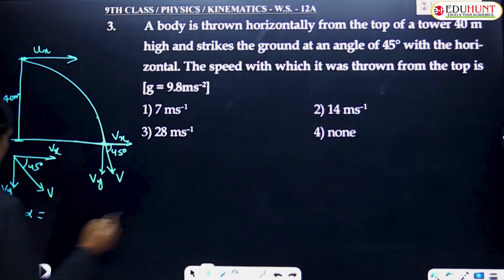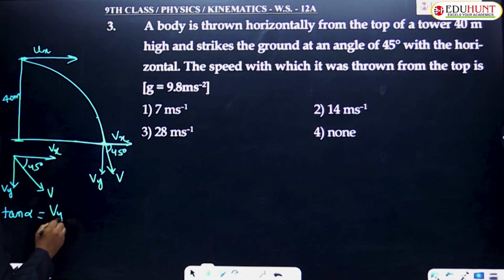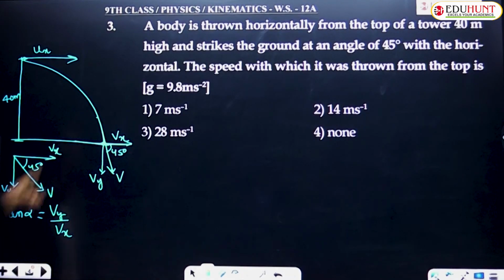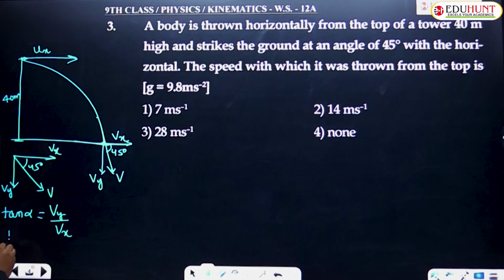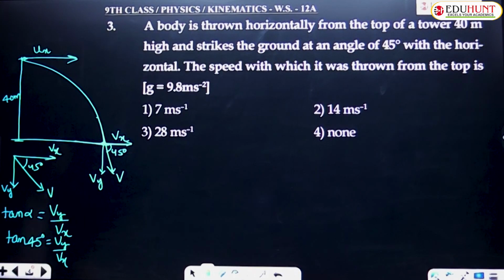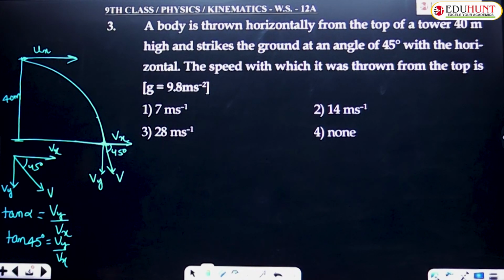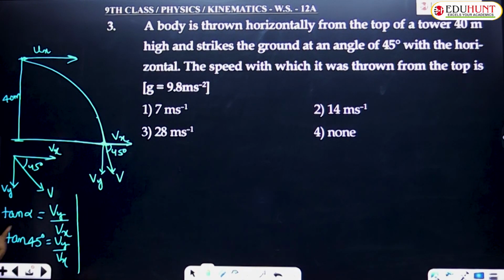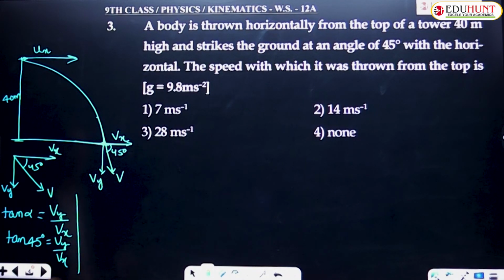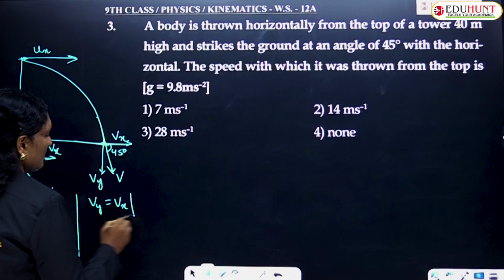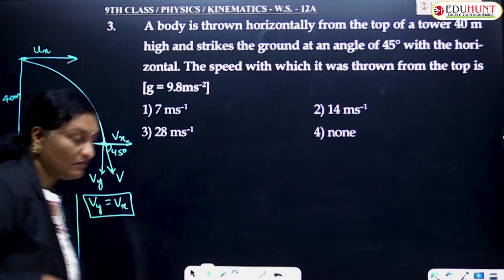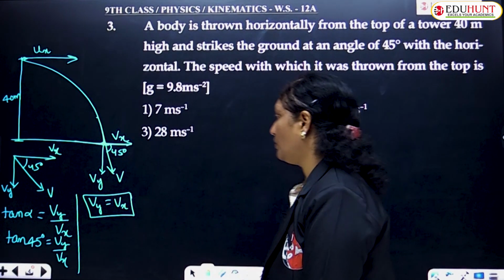From the figure, tan alpha is Vy by Vx. The angle given is 45 degrees, so tan 45 degrees equals Vy by Vx. But tan 45 is 1. Hence, 1 equals Vy by Vx, so wherever we get Vy, we can replace it with Vx.